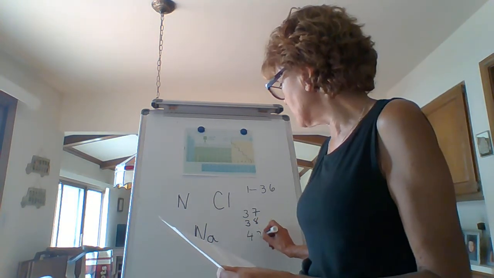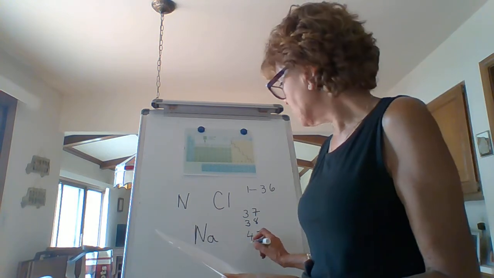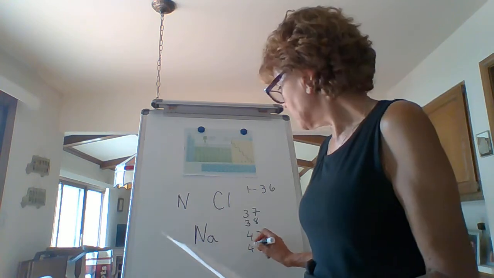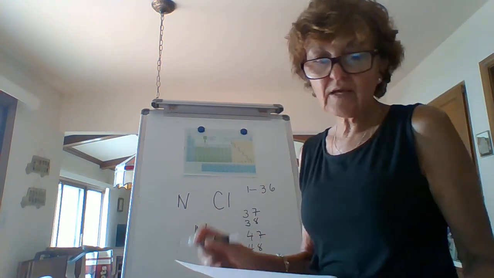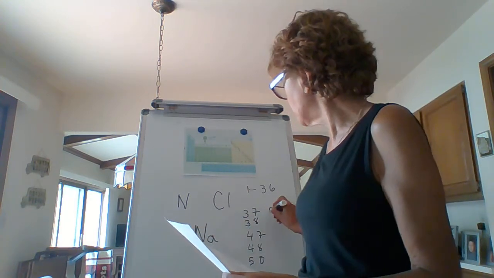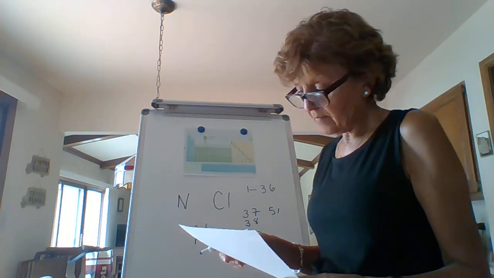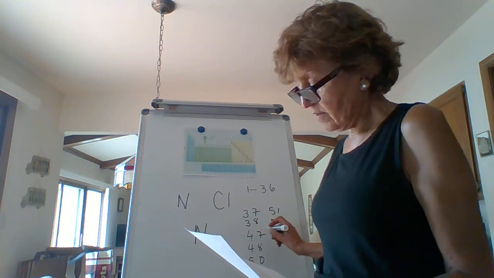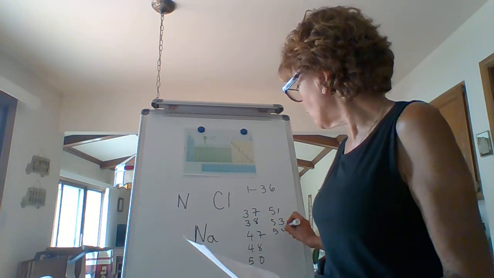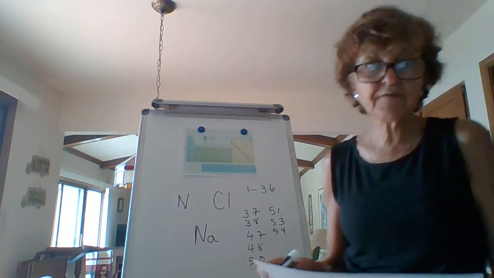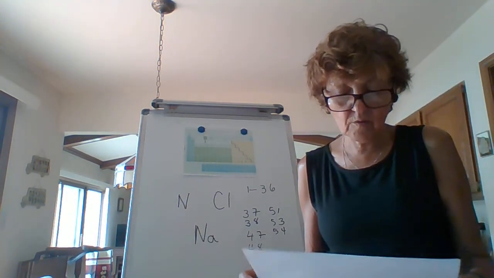Silver is 47, cadmium 48, tin is 50. Okay, these are ones you should know. You should know antimony is 51, and iodine 53, xenon 54. All right, so that takes care of that 5th period or the 5th row.